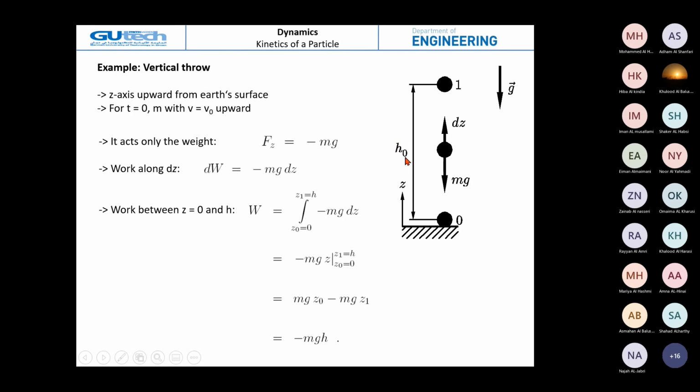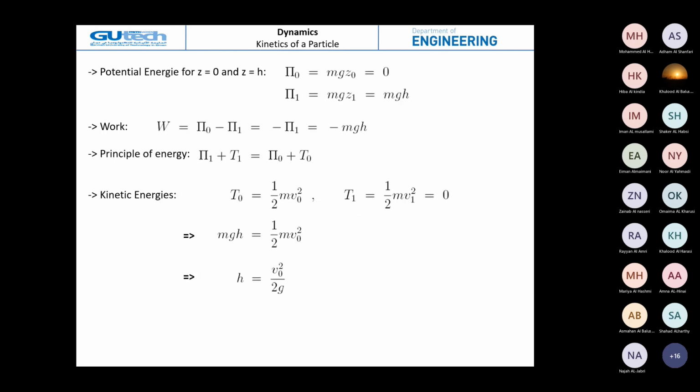Here I note it by h0, it's the same, the notation is not important. The principle is important. The work is only the difference between the initial potential, P0, minus P1. This P0 is equal to 0, then we have only minus P1, and P1 is defined by mg multiplied by h.